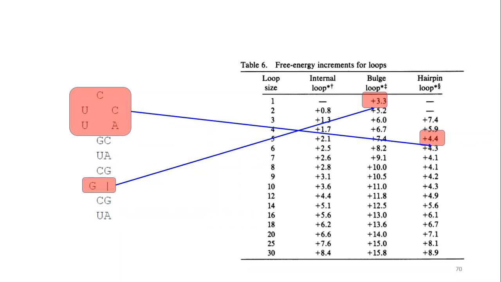Like over here, you see that there is a bulge of one residue. Therefore, you would have to add plus 3.3. Okay, so these things are to be added to the final score. So this is what will account for free energy increments for your loop.